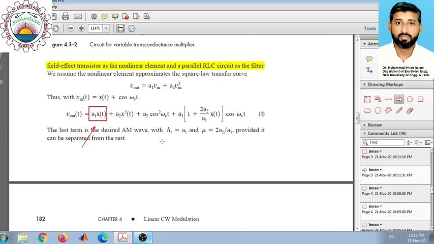Second term, you see that this is x square t. X square t in time domain means xt multiplied by xt. So you are multiplying xt with the same signal xt. But in the frequency domain, the multiplication becomes convolution.